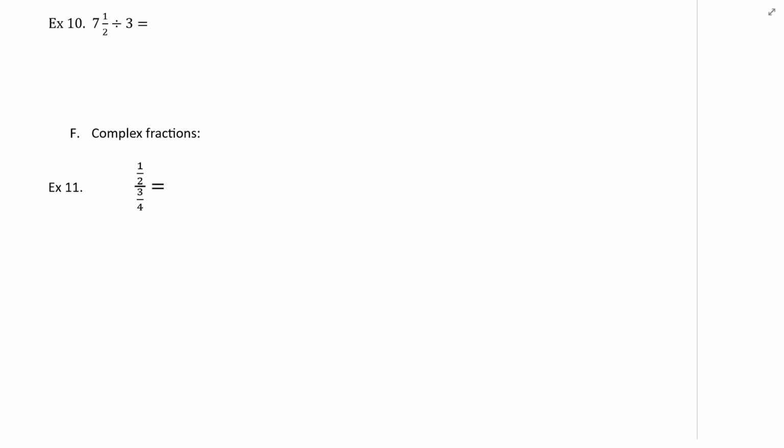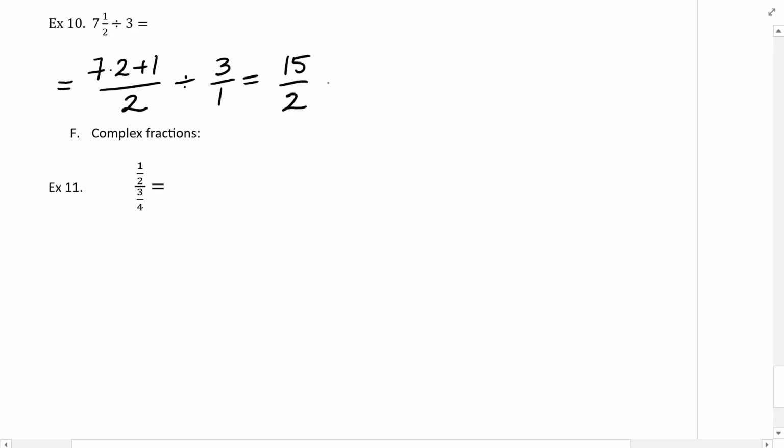All right, and a couple more problems. So let's have 7 and 1/2 divided by 3. If we change that mixed number into an improper fraction, we have 2 times 7, it's 14, plus 1, it's 15 over 2, divided by 3 over 1, so it's 15 over 2 times 1/3. So how do we multiply?